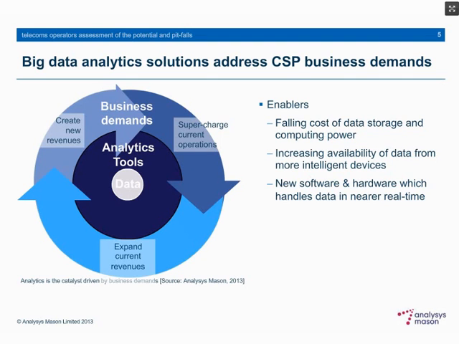And secondly, the increasing availability of data, not just from the wide use of smartphones and other technologies, but also from the network itself. Those two things combined, along with some new technology in terms of the software, are enabling some of these applications to move towards nearer real time in terms of delivery of that information and being able to be used. That's critical in terms of the use cases, and we'll come on to some of those later in the presentation.